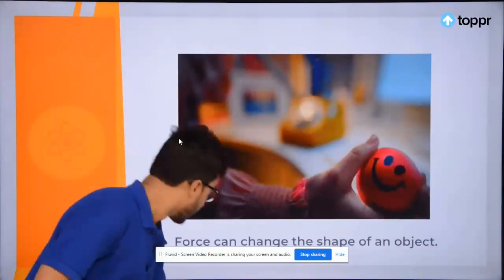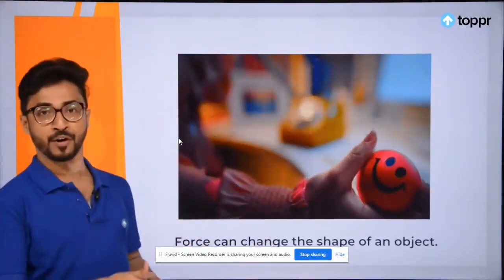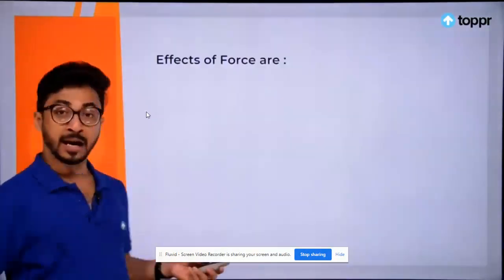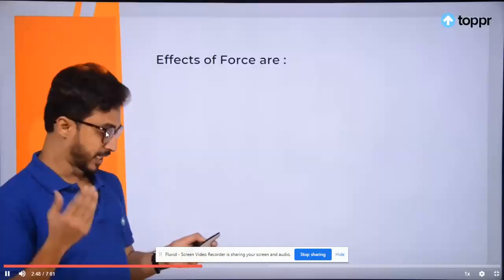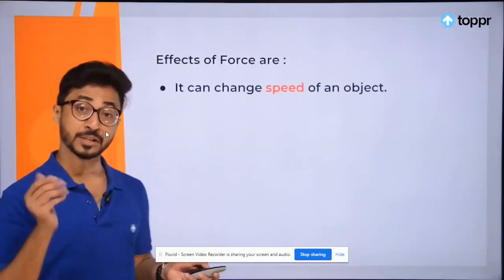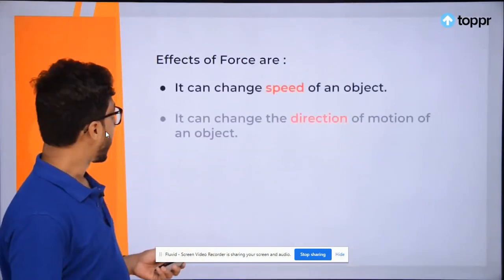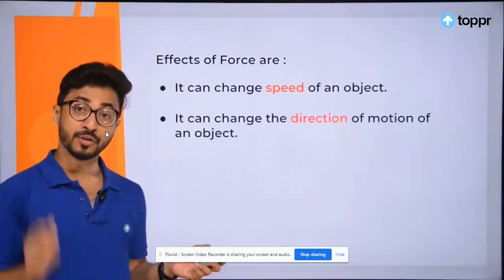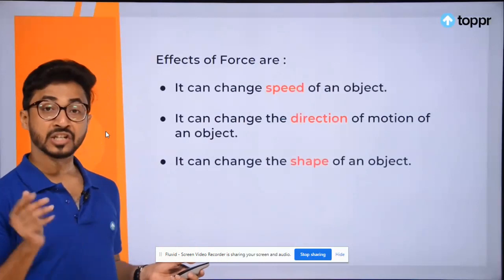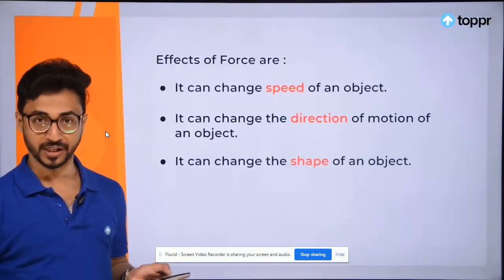So force can change the shape of an object. So these are the basic effects of force. Let us enumerate. It can change the speed of an object. It can change the direction of motion of an object, and it can change the shape of an object.